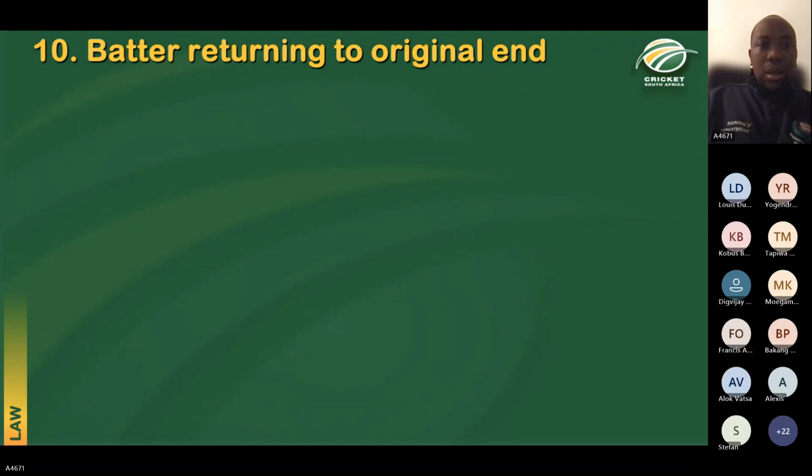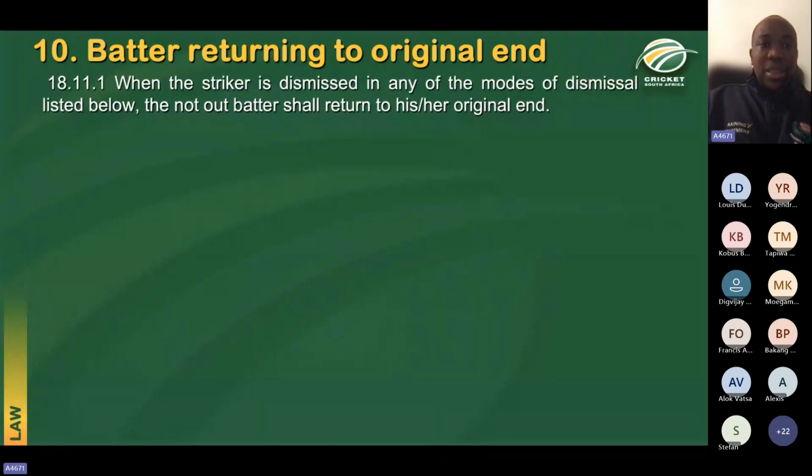And then, when does the batter have to return to their original ends? When the striker is dismissed in any of the modes of dismissal listed below, the not out batter shall return to his or her original end. If the striker is bowled, then the non-striker remains on the non-striker's end.